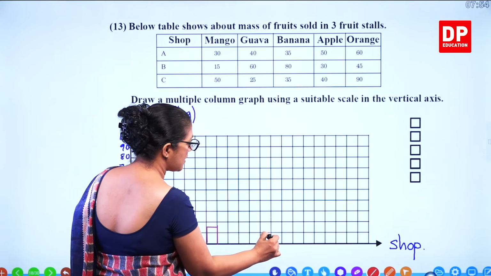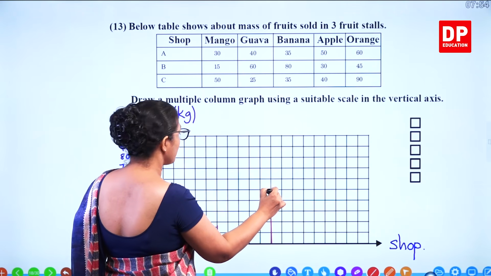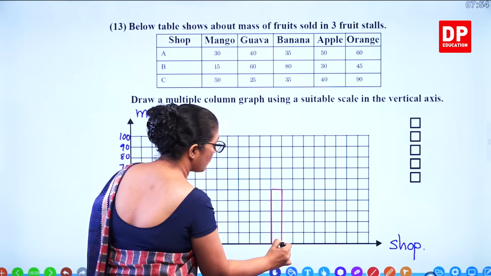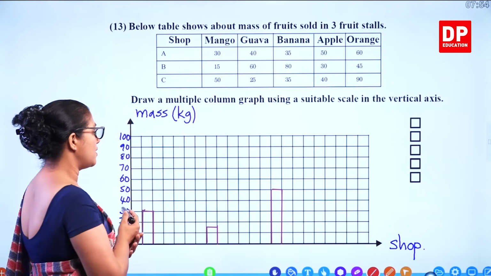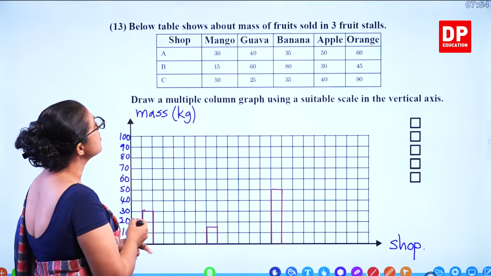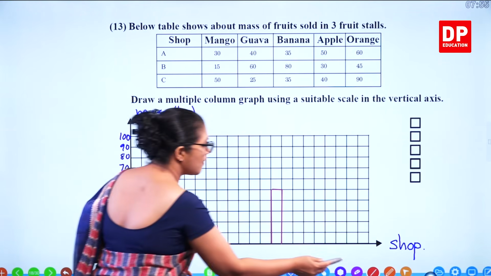Then what's the number here? 50. So that's the third one. Now, again, this is mango. Guava, 40, 60, 25.